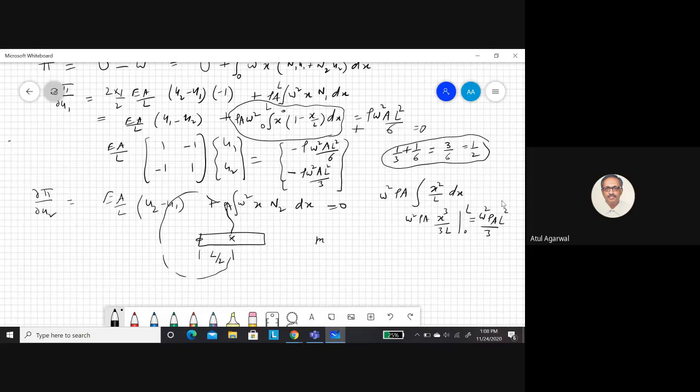M omega square into L by 2. So you see, same thing you are getting here. What is your M? M is equal to rho into A into L. So you're getting the same answer. So this is the amount of force needed towards the center.